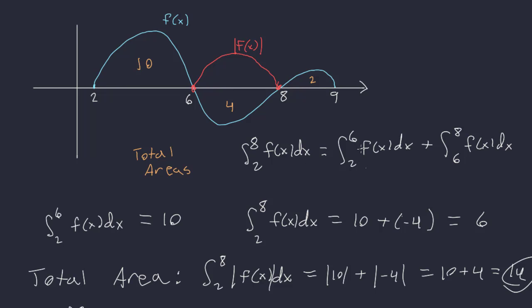Right, you can always do this. So if it's beneficial to you to split up a definite integral like this and do it in pieces, go right ahead. We can do that with areas, so we can do it with definite integrals.